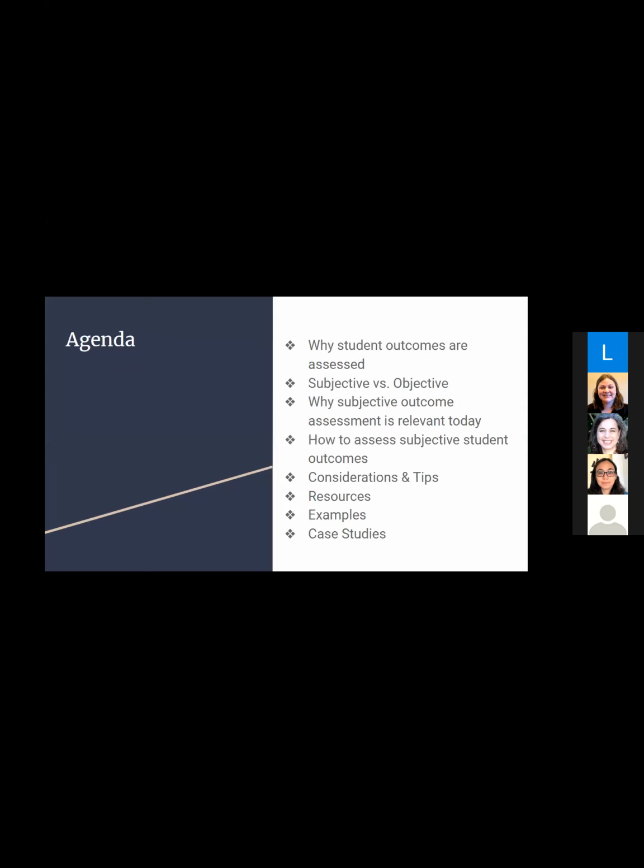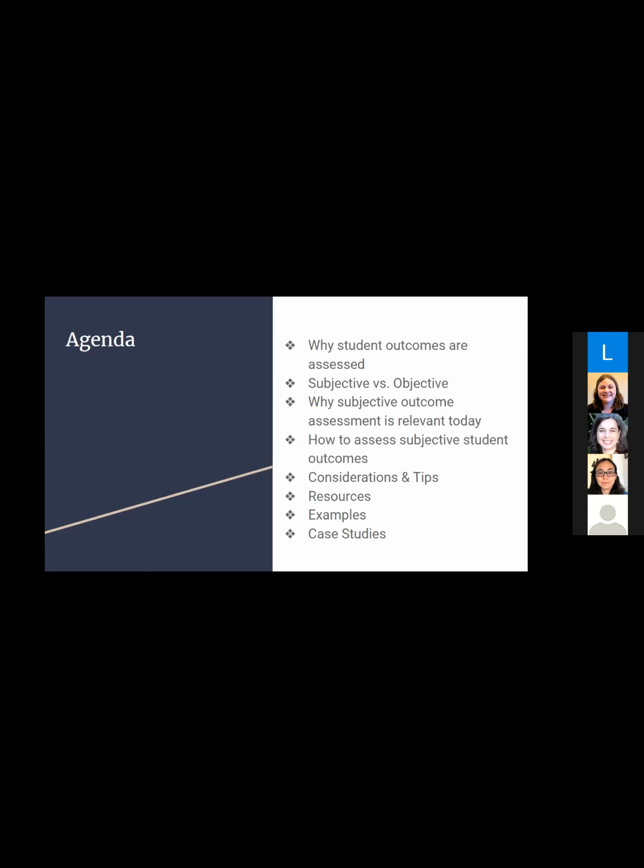Then we're going to discuss in more detail why subjective outcomes are especially relevant right now and how to assess subjective student outcomes quantitatively and qualitatively. After that, we will look at some examples, and then we're going to do some case studies together.